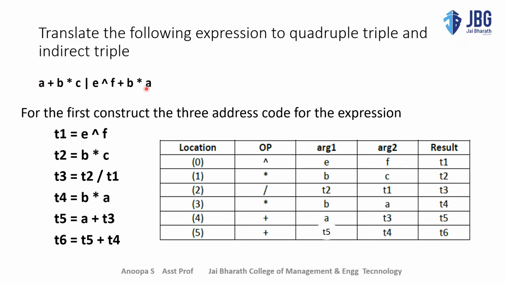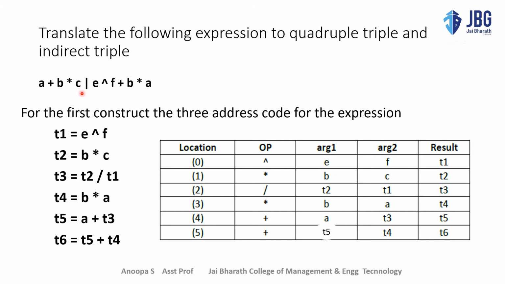So this is my equation: a + b * c / e ^ f + b * a. So first step is to write the three address code. How can we generate the three address code? When evaluating such kind of expression, we have to follow the BODMAS rule.